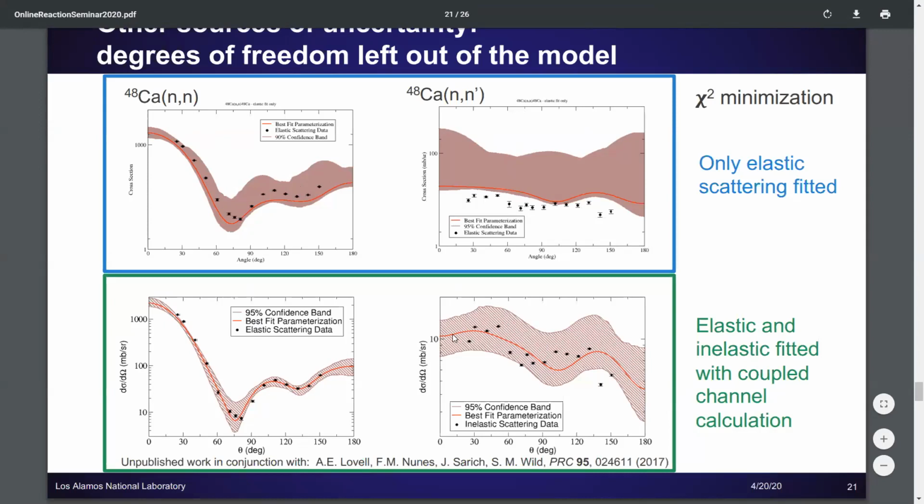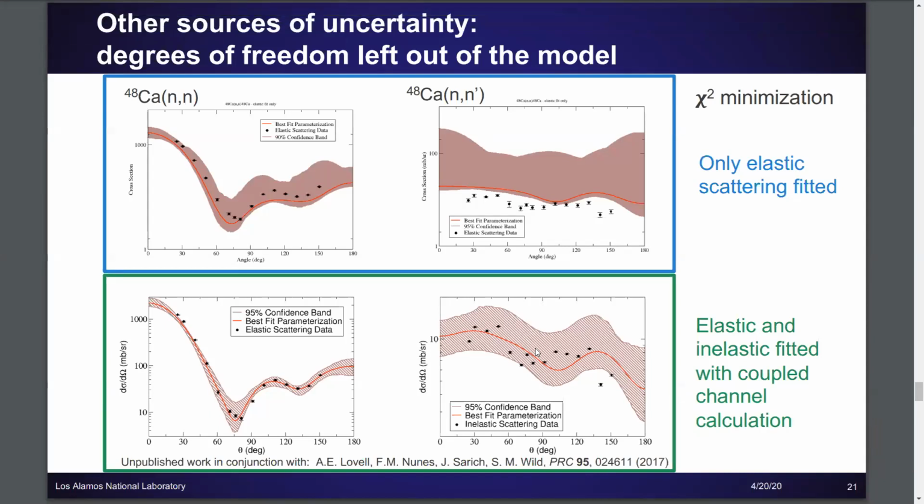And so you can see, as we would expect when we fit two sets of data, we have smaller confidence intervals than when we just fit one set of data. And we also do a better job describing the inelastic scattering when that is included in the model, but again, with a slightly different model. And so this is something we are working on a little more now, doing this in a Bayesian method.